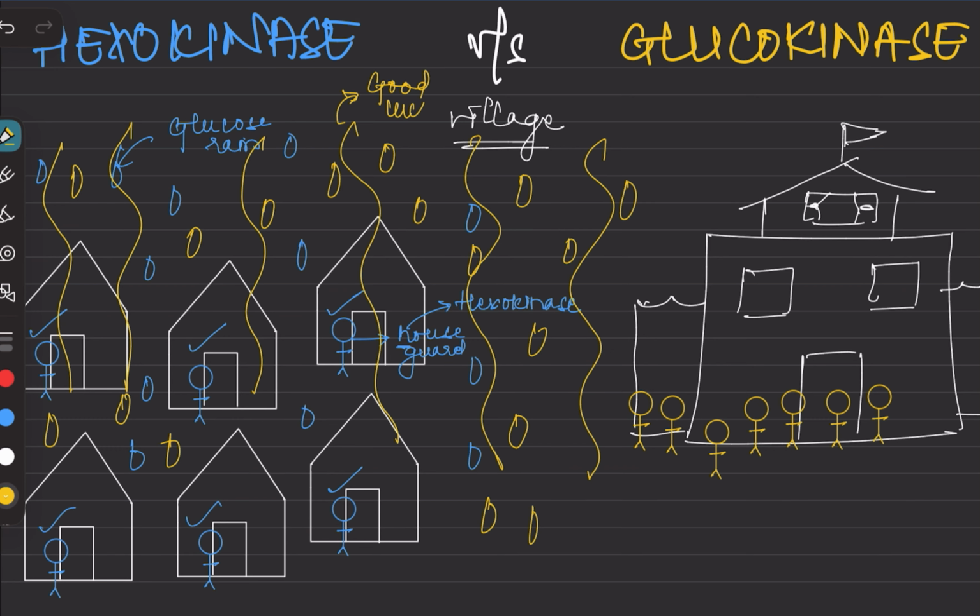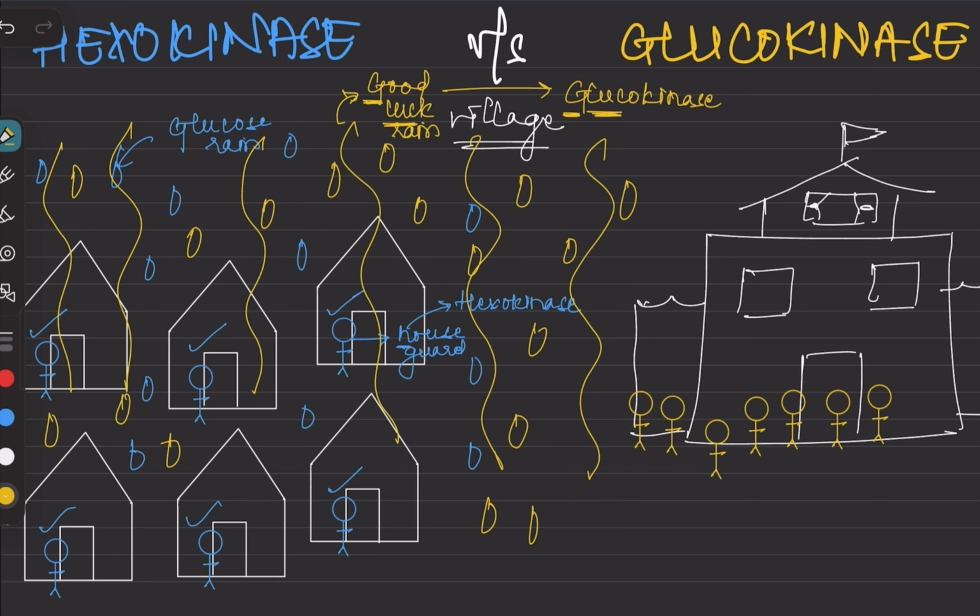Why did I call it good luck rain? Because G and LUC, which means good luck, glucokinase. G for good, LUC for luck. So glucokinase will be functional when good luck rain occurs.